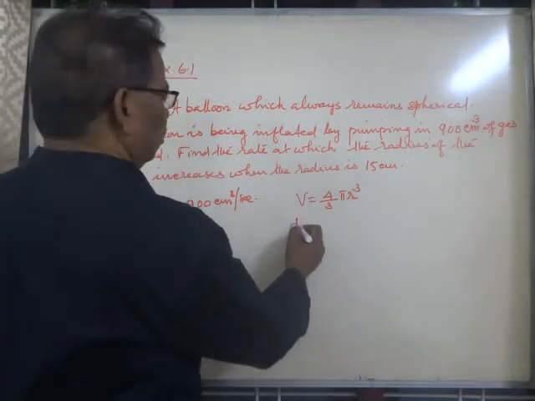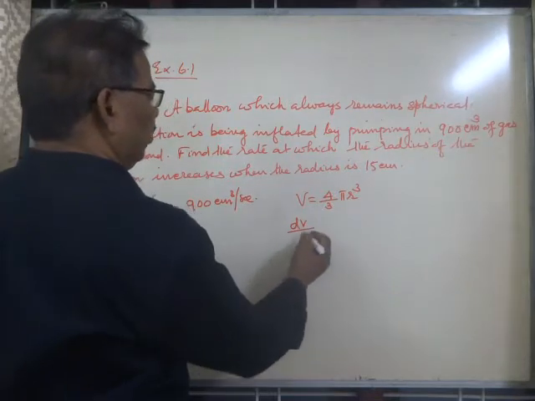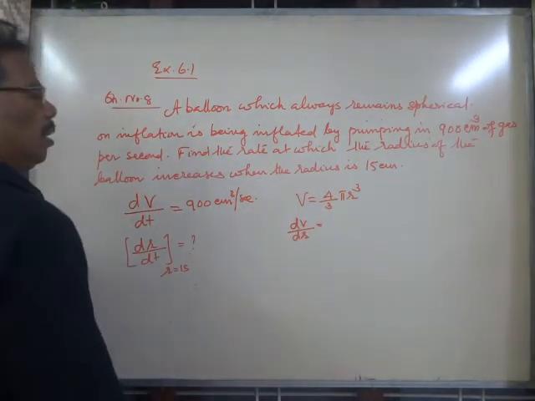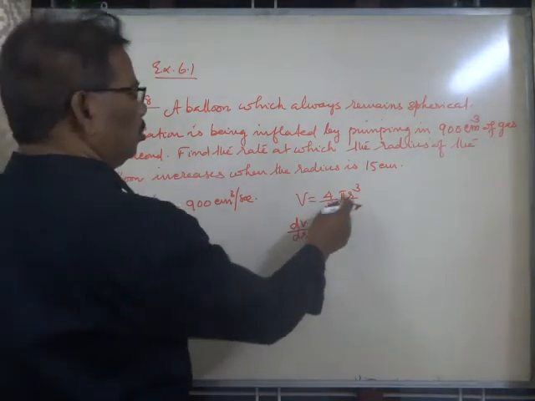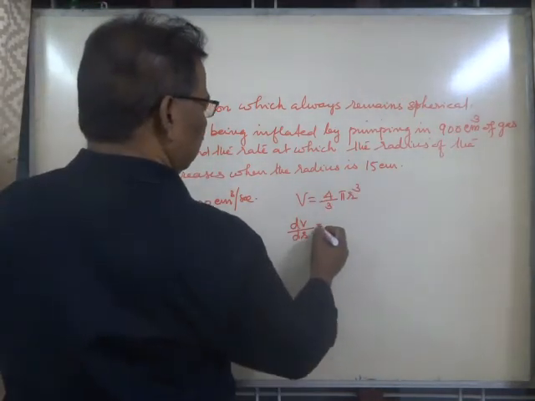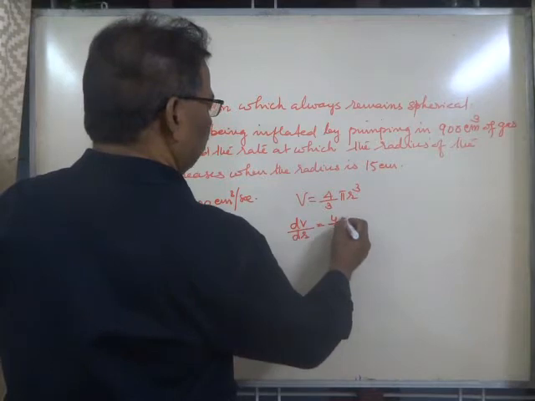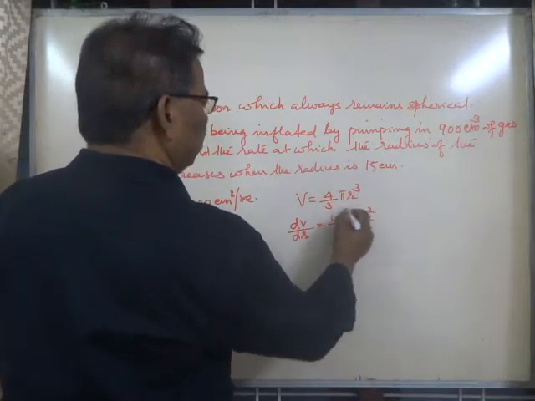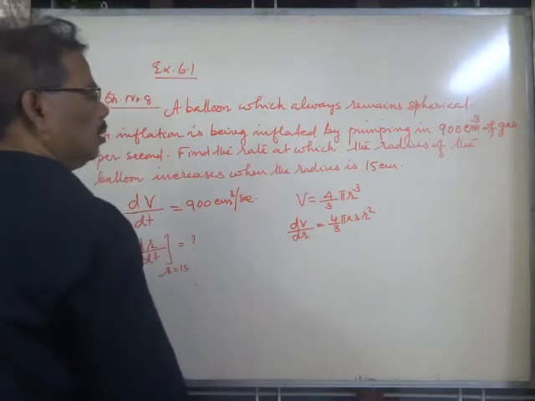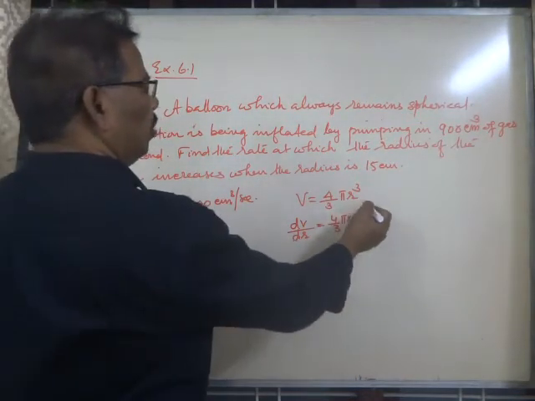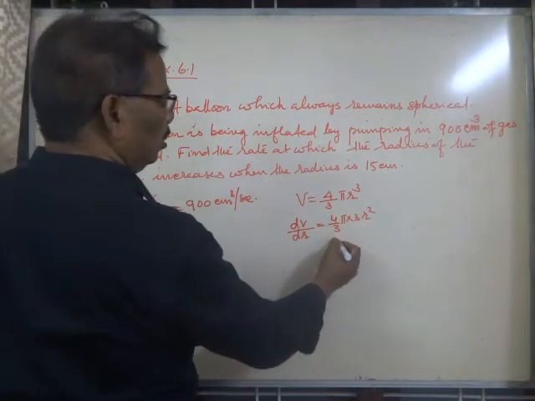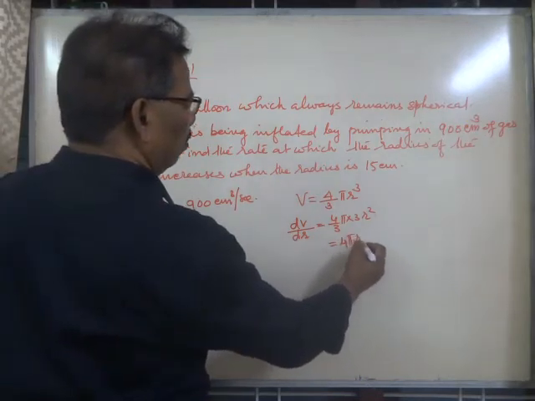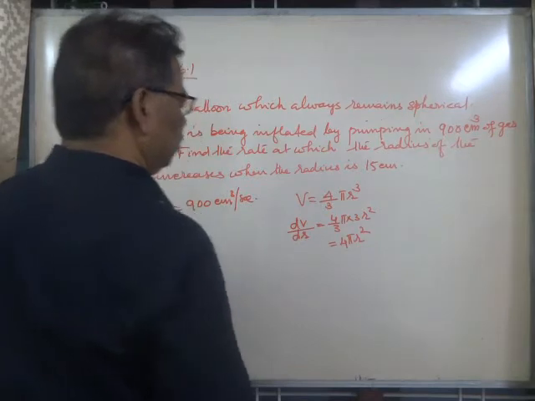We shall see what is dV by dr. That is derivative of volume with respect to radius. That is 4 by 3 pi into 3 r square. 4 by 3 is a constant there. Then derivative of r cube is 3r square. So it is equal to 4 pi r square.